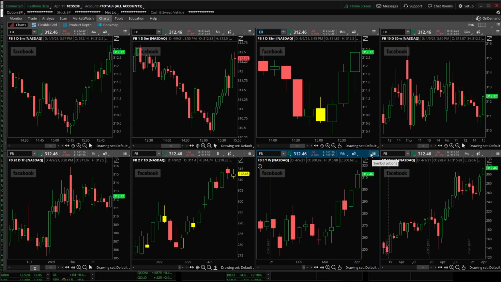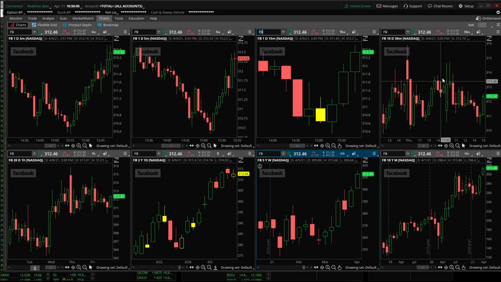is when you're looking at multiple time frames, are the time frames in alignment? Meaning, are they all a current green bar or are they all a current red bar? So looking at this chart here of Facebook, what we're looking at here is 8 different time frames. Starting on the bottom right, we have the monthly, then we have the weekly, we have the daily, the hourly.